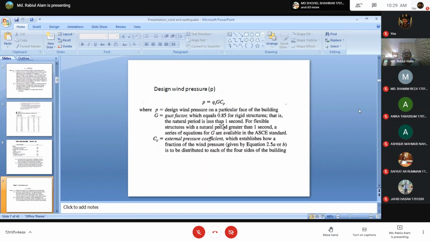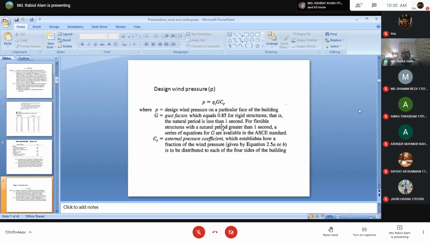Okay, and if you don't have any idea about the natural period, then you also don't know the natural period of the structures. So that's why in analysis cases, if you use some software or some other tools, you will very easily get the natural period of the structures, and you can compare that natural period.